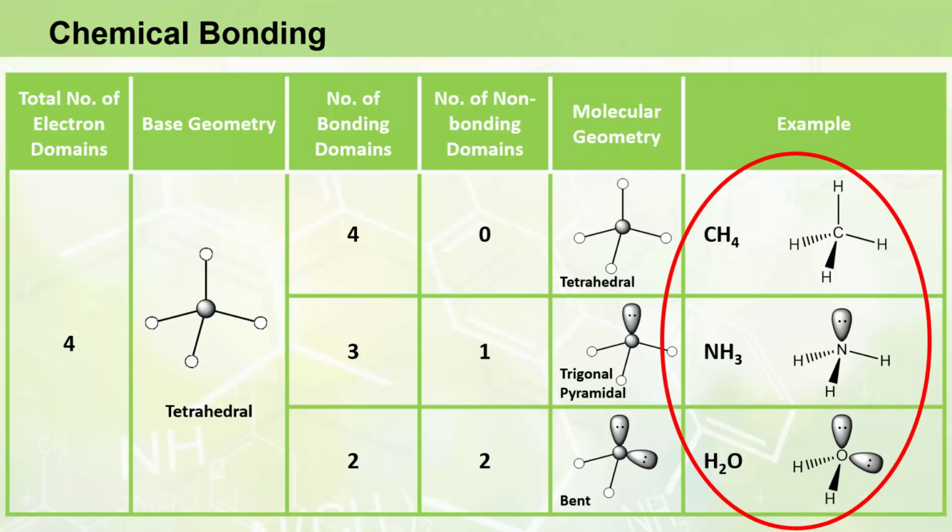All 3 of these molecules have 4 regions of electron density, but only methane has 4 atoms attached to the central atom, giving it the tetrahedral shape. Ammonia has 3 atoms attached, 3 bonding domains and 1 non-bonding pair of electrons, giving it the trigonal pyramidal shape. Water has 2 atoms attached to the central atom and 2 non-bonding pairs of electrons, giving it the bent shape.